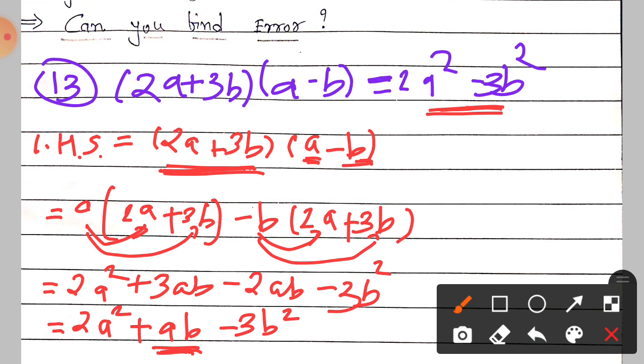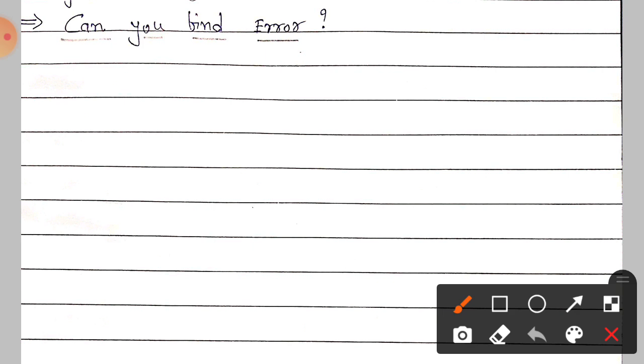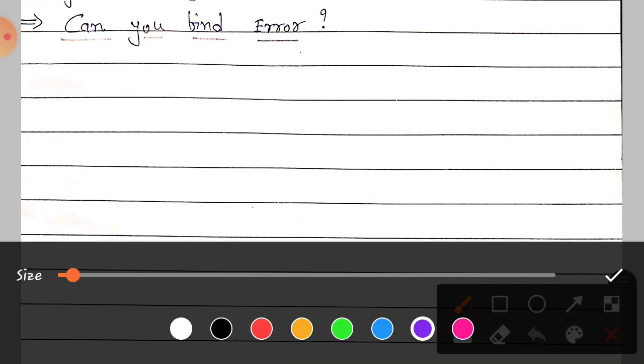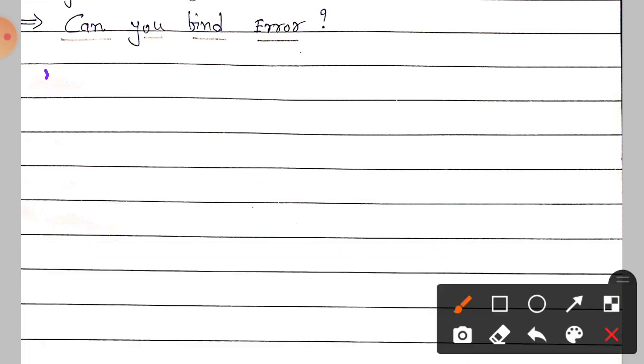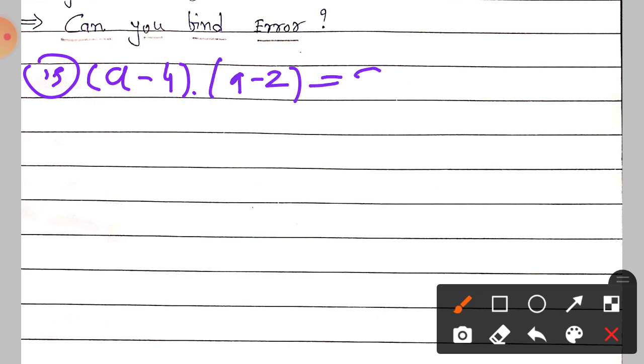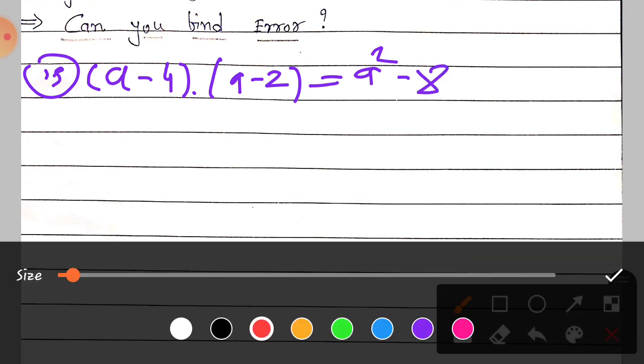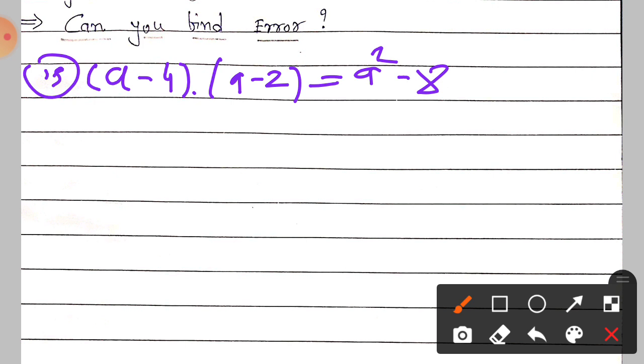Now move on to the next question, question number 15: a minus 4 into a minus 2 is equal to a square minus 8. Let's check whether it is correct or not. LHS is a minus 4 into a minus 2.